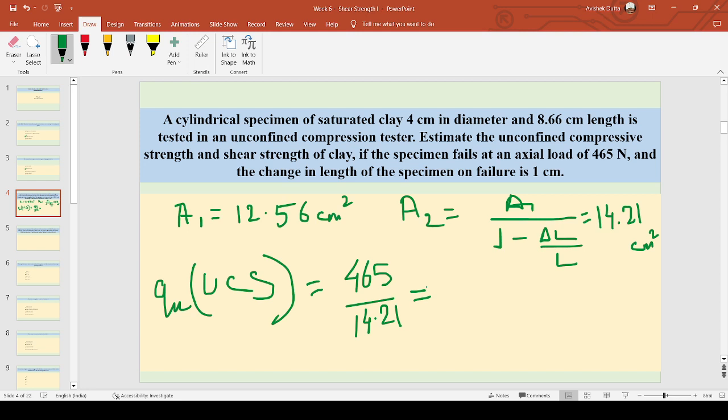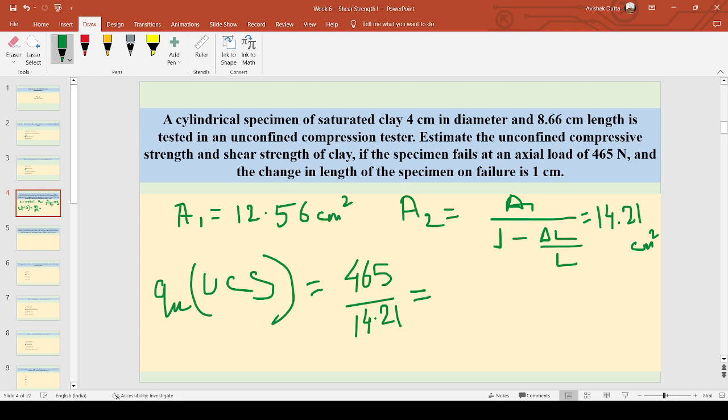If we convert the value from Newton per centimeter square to kilopascal, then we have to convert the centimeter square to meter square, and from Newton we have to convert it to kilonewton, that is, we divide the result by 1000 and then multiply it by 10,000 to get the value.